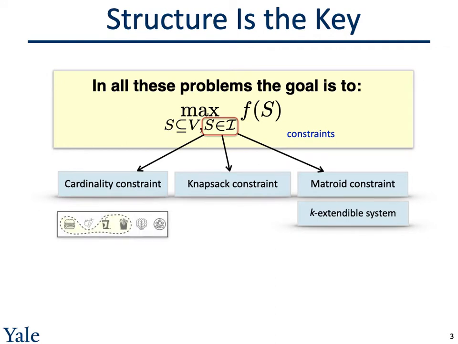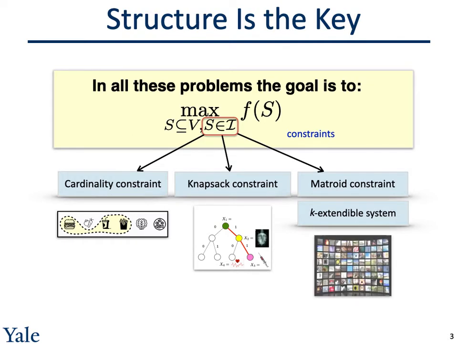For instance, in product recommendation, we might have a constraint on how many items at most we may propose to a user. In experimental design, we might have a cost constraint. Or in a data summarization problem, we might have a categorical constraint that states how many data points from a category of data can be included in a summary.